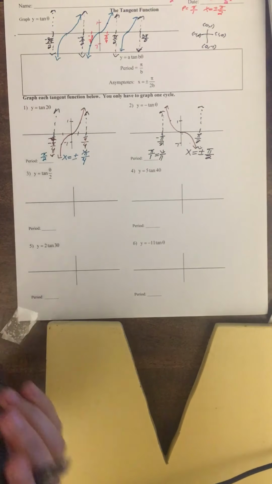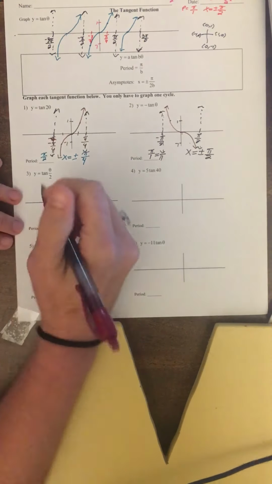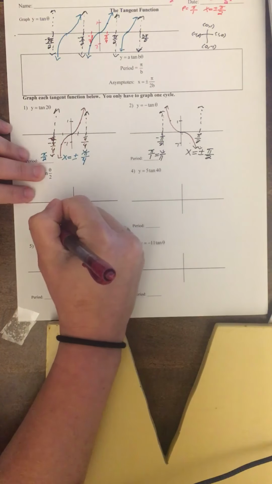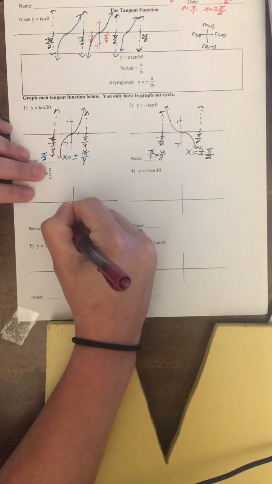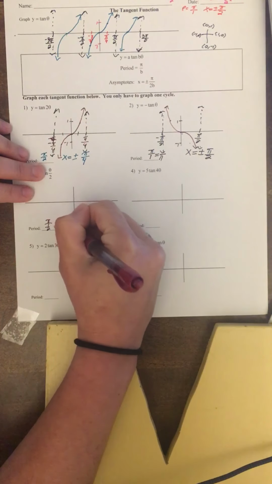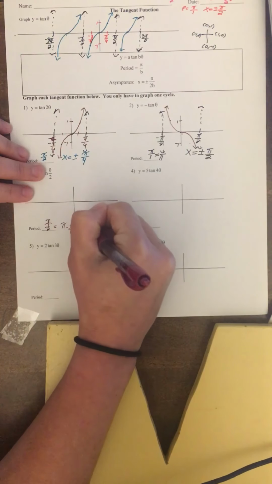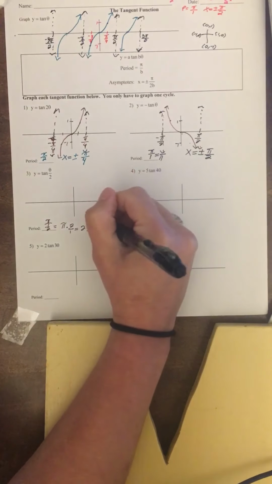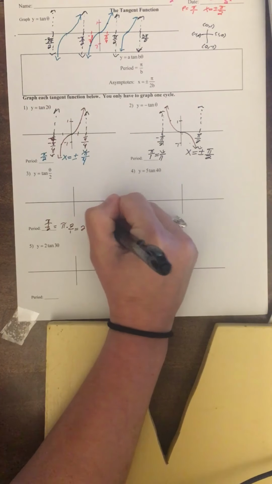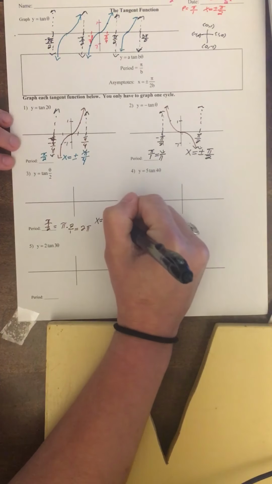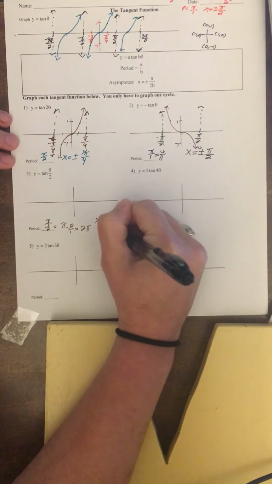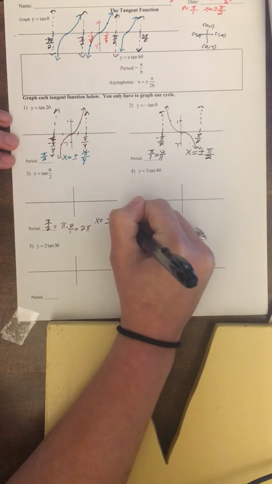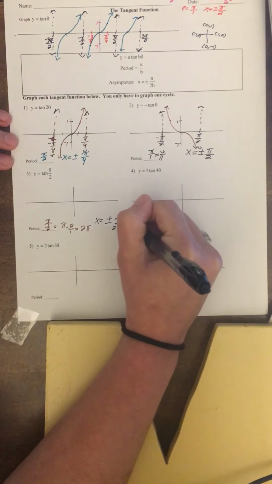Okay, on number 3, the period is pi over b. So here b is 1/2, so that's pi over 1/2, which is actually equal to pi times the reciprocal of 1/2, which is 2 over 1. So our period is 2 pi. And our vertical asymptotes are x equals plus or minus pi over 2b. And 2 times 1/2 is just 1, so our asymptotes are just pi.